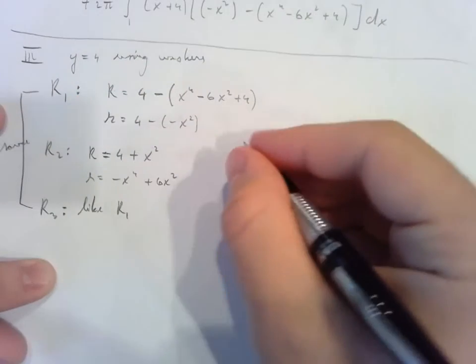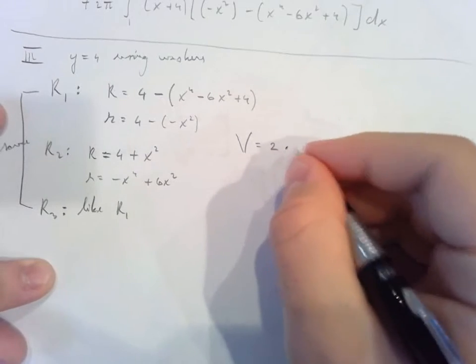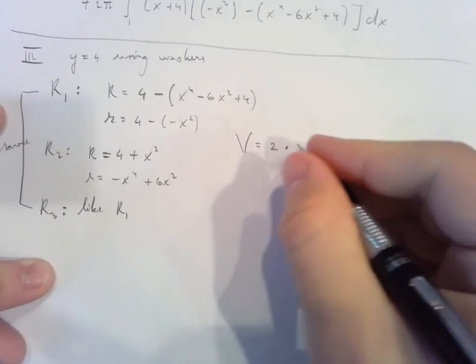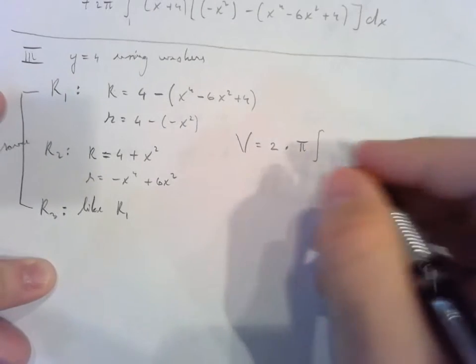So I can simply take twice the integral for region 1. So it's going to be 2 times pi big radius squared minus little radius squared.